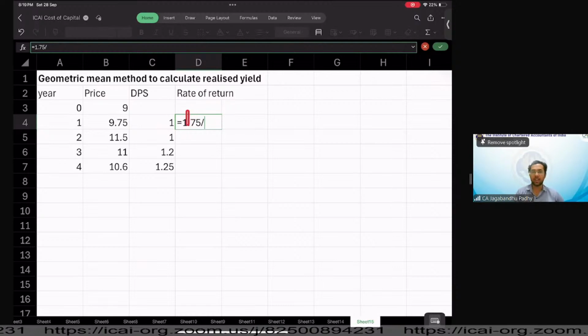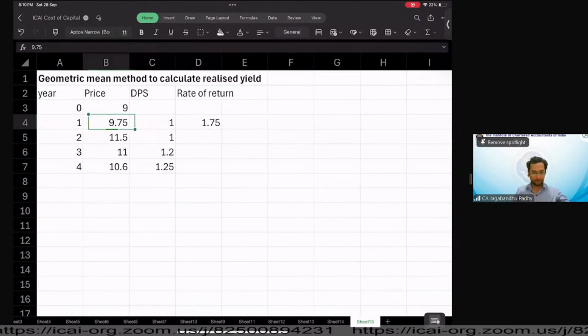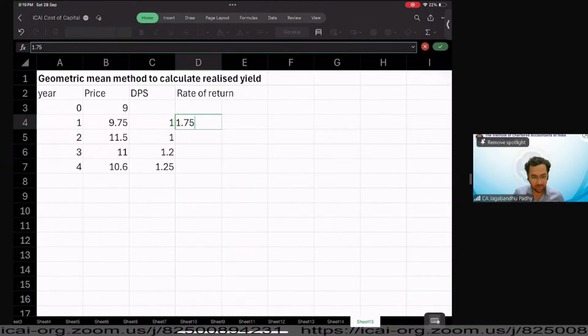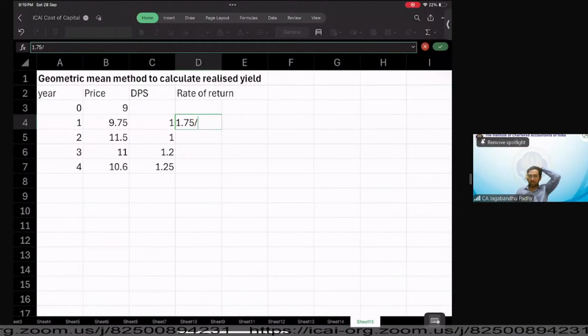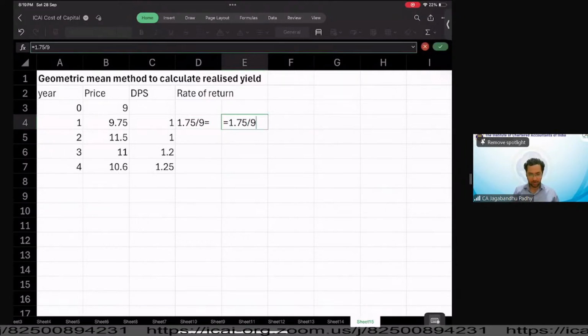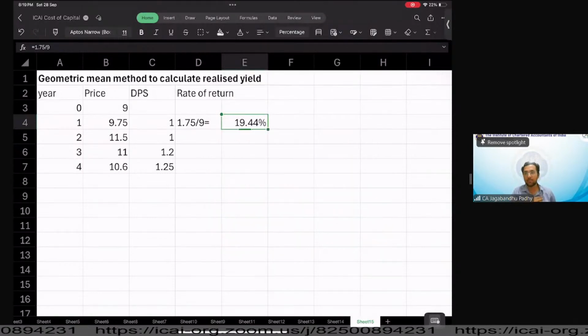So 1.75 is the income that I have. Right, guys? This is the income which I have earned on an investment of how much, guys? On an investment of 9 rupees, correct? So this is 1.75 divided by 9. So that translates to 19.44%.